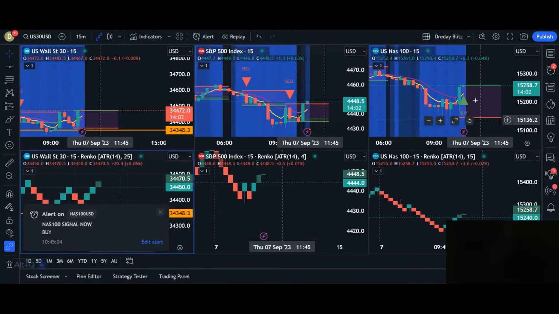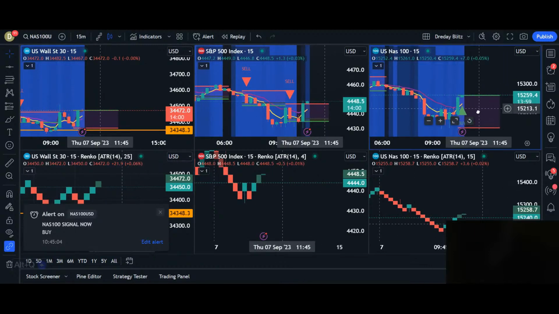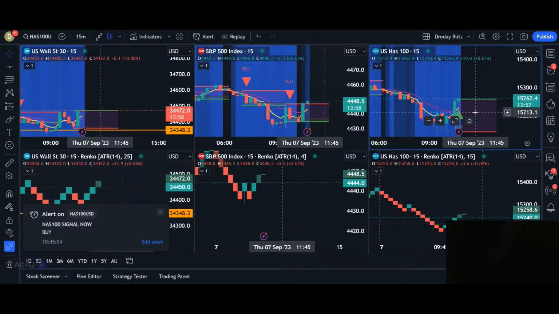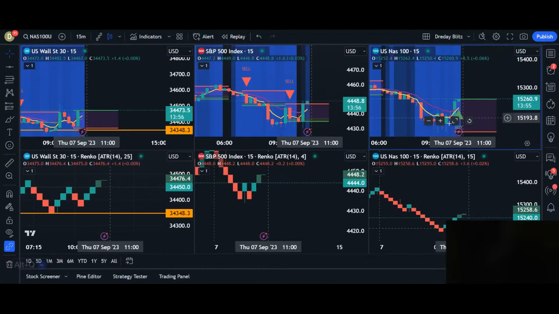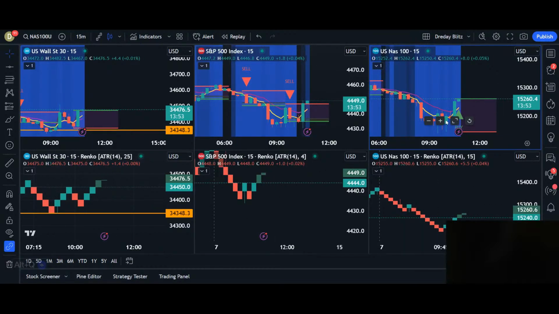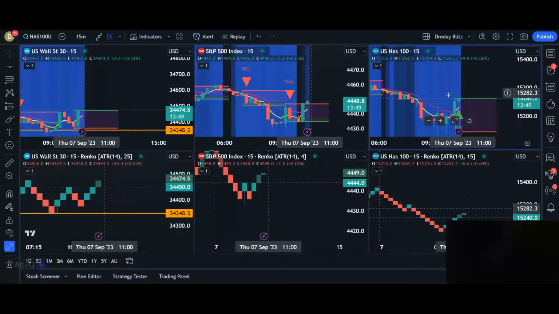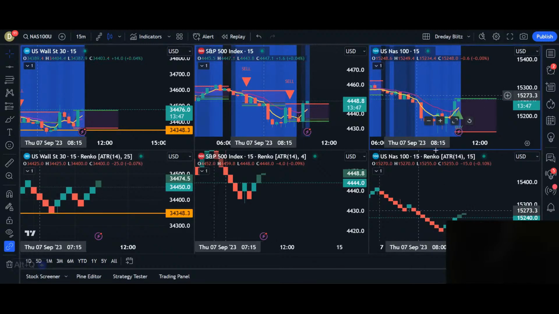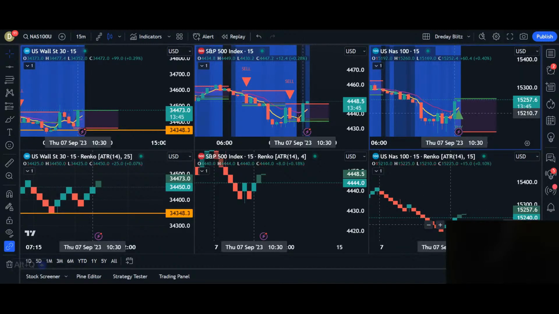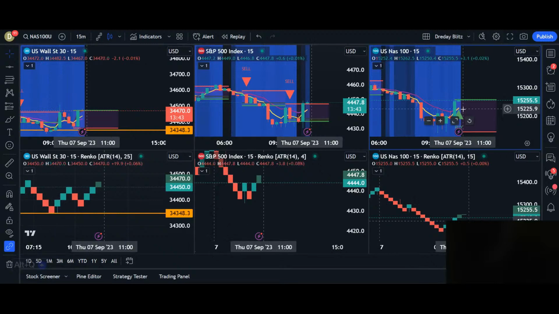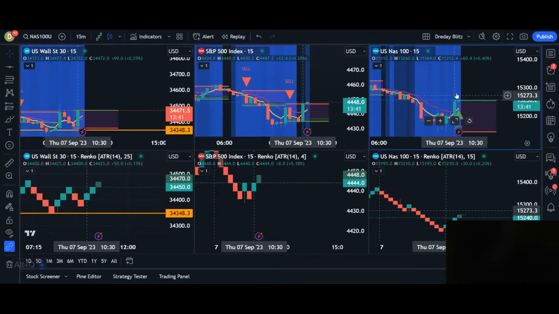Right now, we have a confirmation on Nasdaq 100 that it's bullish. So, like I said before, I was looking at the EMAs to be confirming an uptrend, and based off my EMX AI system and the Renkos, as you see, the Renkos is going up. It's giving you a signal for buy.